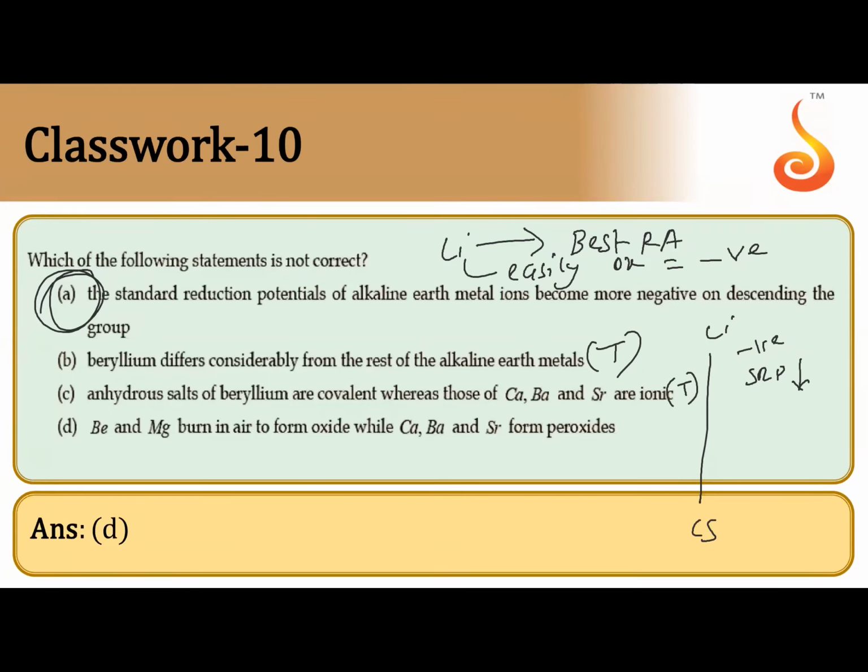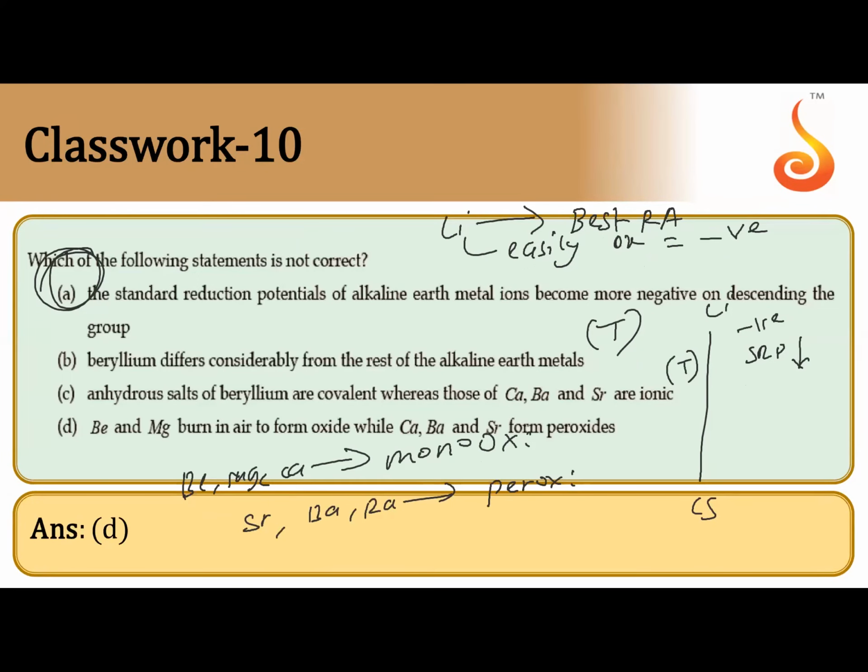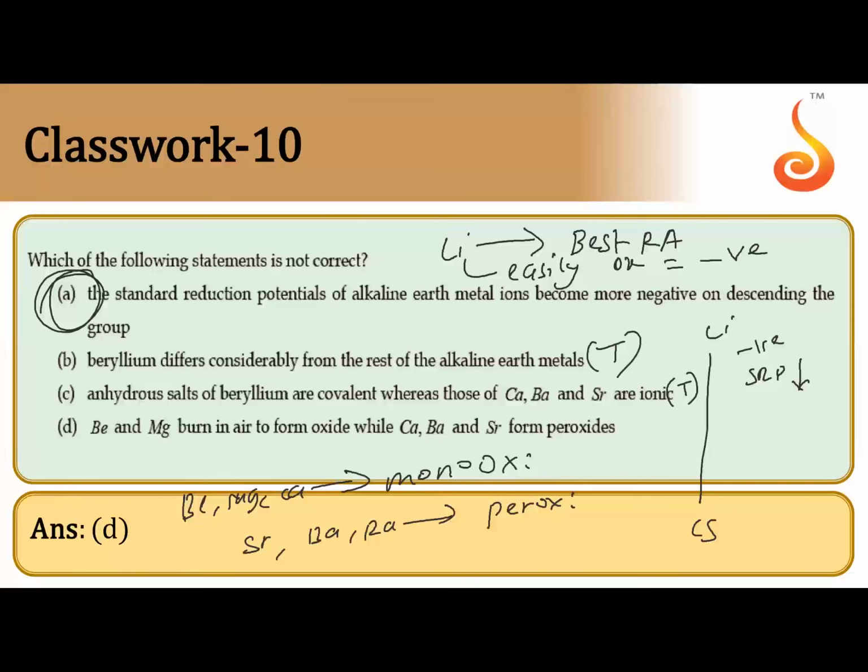Most important fact is beryllium, magnesium, calcium can form monoxides, whereas strontium, barium, radium can form peroxides. Yes, I'm sorry for that.